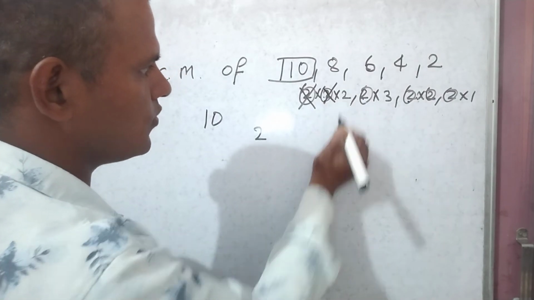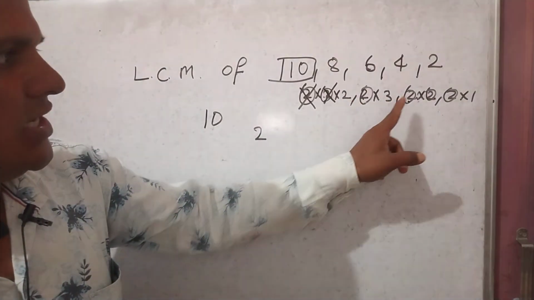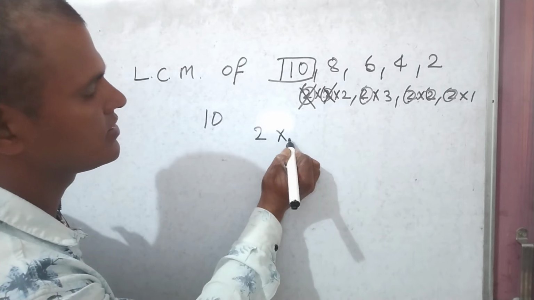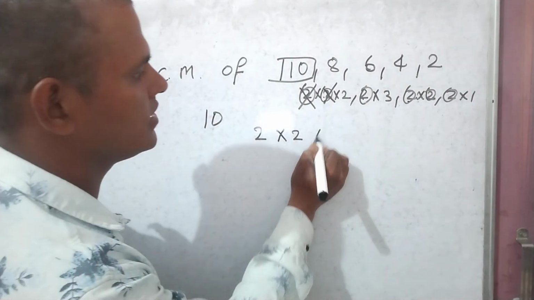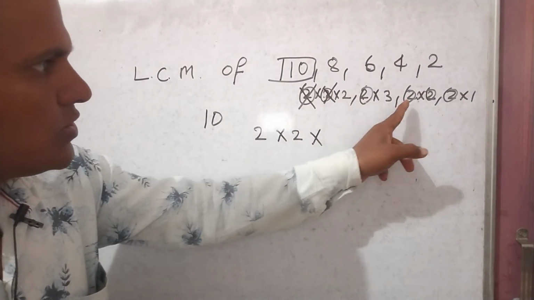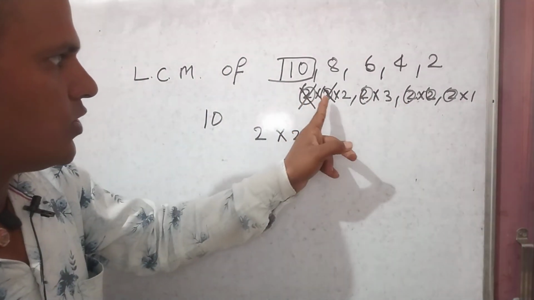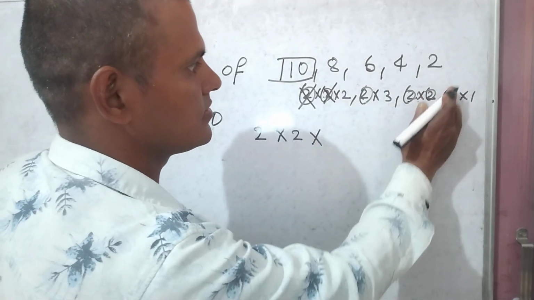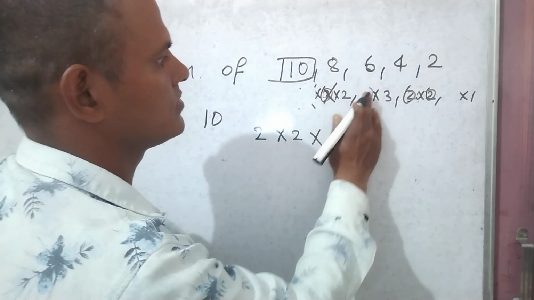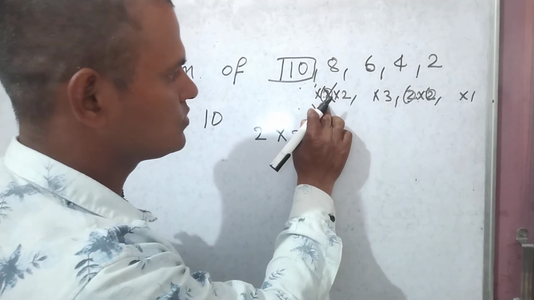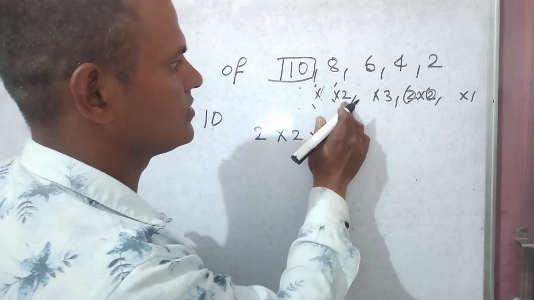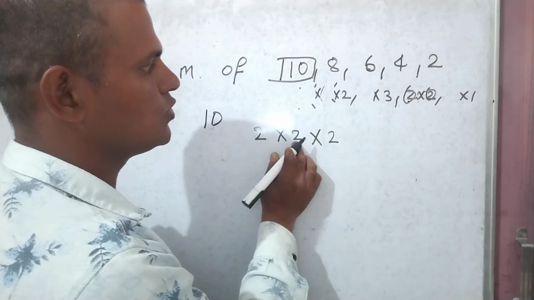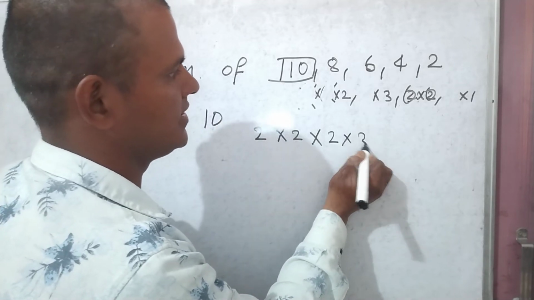So we have 2, 2, 2 common, pick one 2, and the remaining 2, 2 and 3.